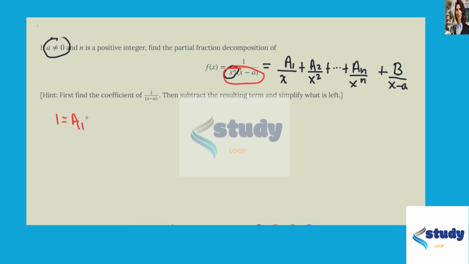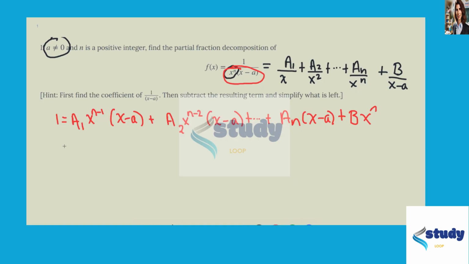So on the right-hand side, and so on, and we'll have all the way up to an x minus a, and then we'll have b x to the n.